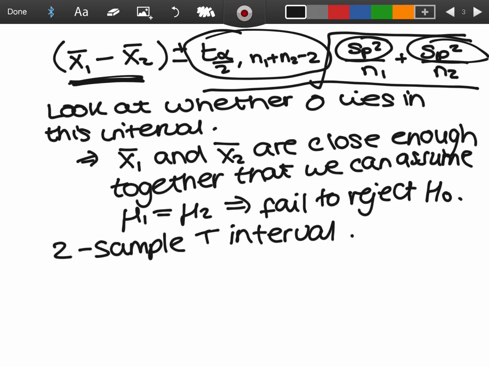If you do assume that, you are actually taking a more conservative approach. In terms of intervals, you would actually end up with a wider interval if you don't pool the variances as opposed to when you do. But it would always tell you in the problem whether you need to pool them or not, but you would always end up with a wider interval if you don't pool them than when you do.